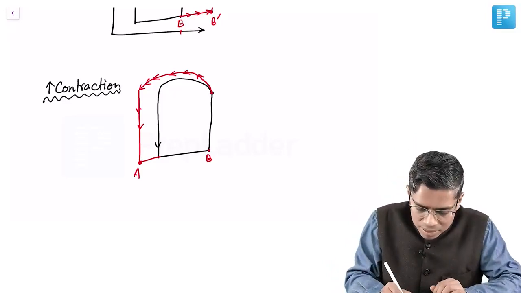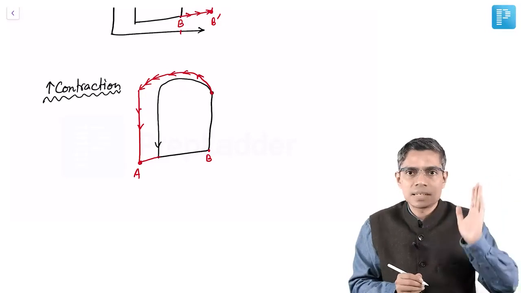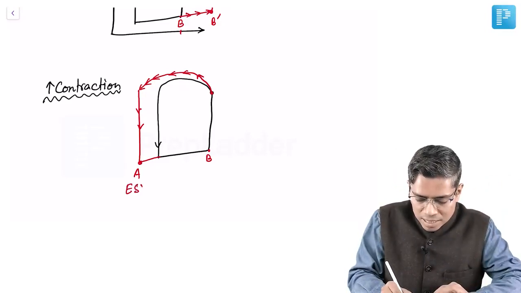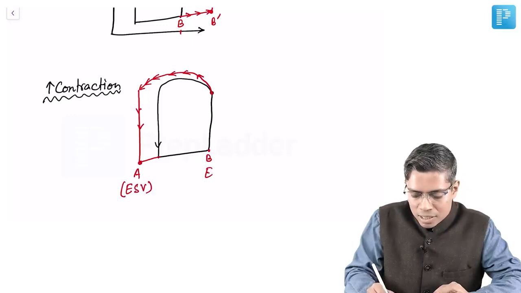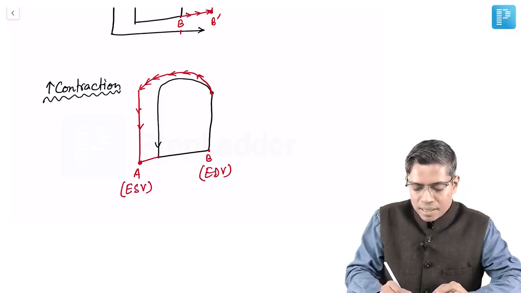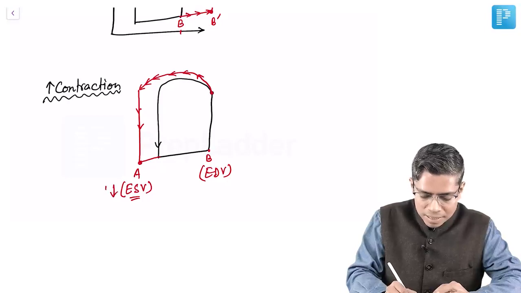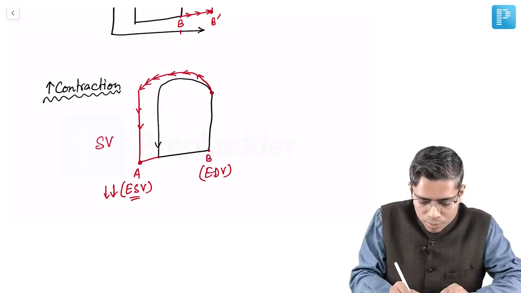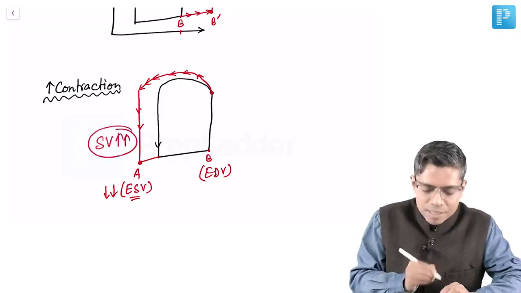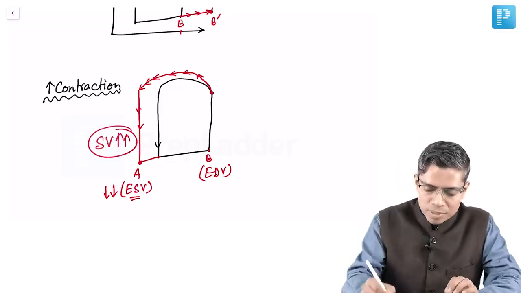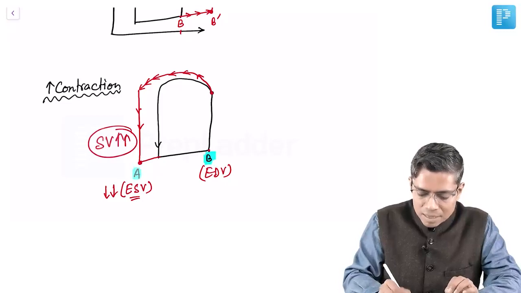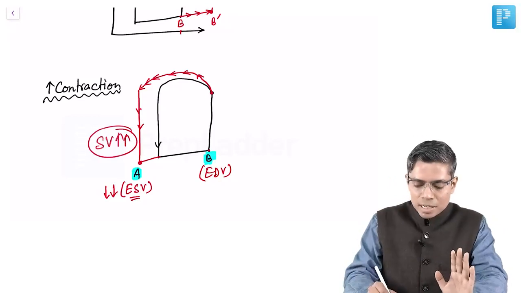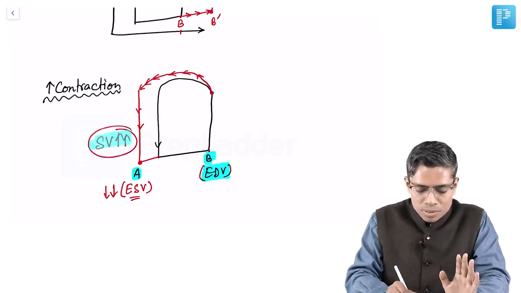I can find that this point A is shifting to the left-hand side. The blood present at point A is nothing but the end systolic volume. So the end diastolic volume is remaining the same, and the end systolic volume is decreasing. What will happen to the stroke volume? The obvious thing is that stroke volume will increase, because we know stroke volume is nothing but the difference between points A and B. So if your end systolic volume is decreased, with your end diastolic volume remaining the same, your stroke volume is going to increase.